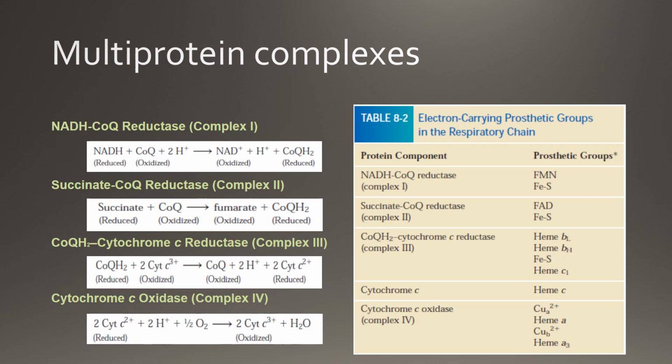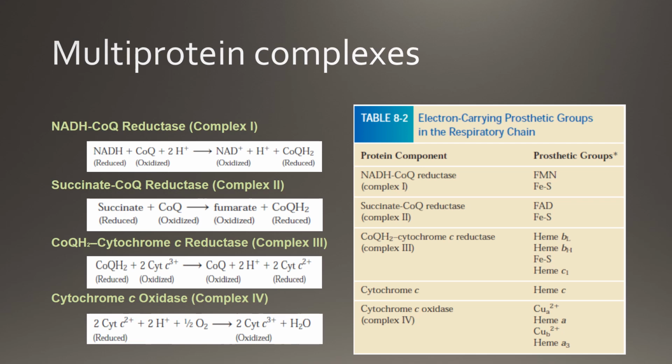Within this complex, electrons are transferred again one at a time, first to a pair of copper ions called CuA, then to cytochrome a, next to a complex of another copper ion CuB and cytochrome a3, and finally to O2, the ultimate electron acceptor, yielding H2O.